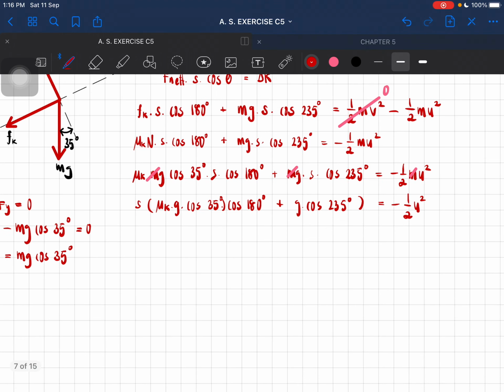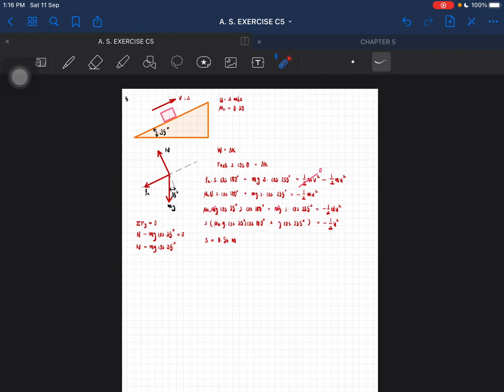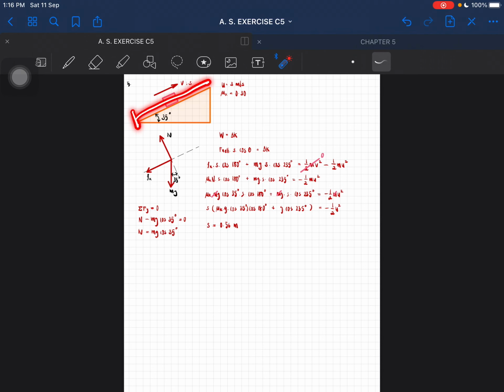Okay, so the value of s that you will get is 0.56 meter. So that is the maximum distance traveled by this block.